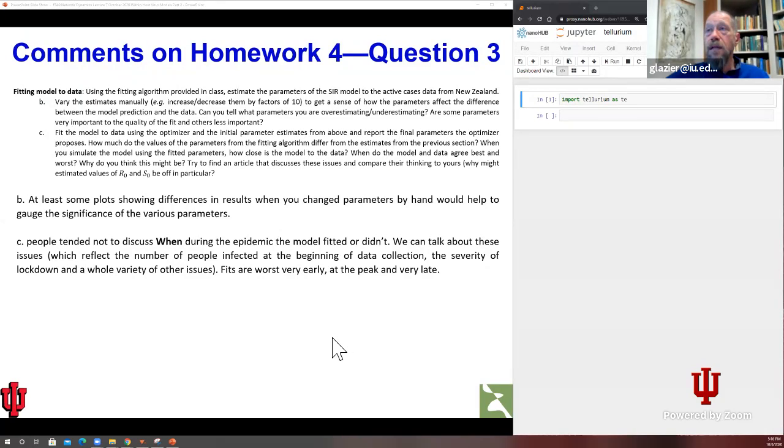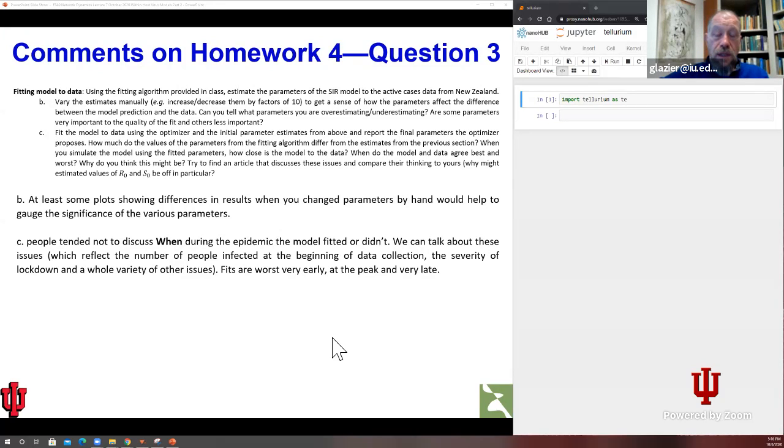And then there was a question about the fit, which was when during the epidemic did the model fit well and not. And actually, Josh was going to give us some pictures for this, so maybe you can paste them into the slide deck for later upload. But we talked a little bit about this.